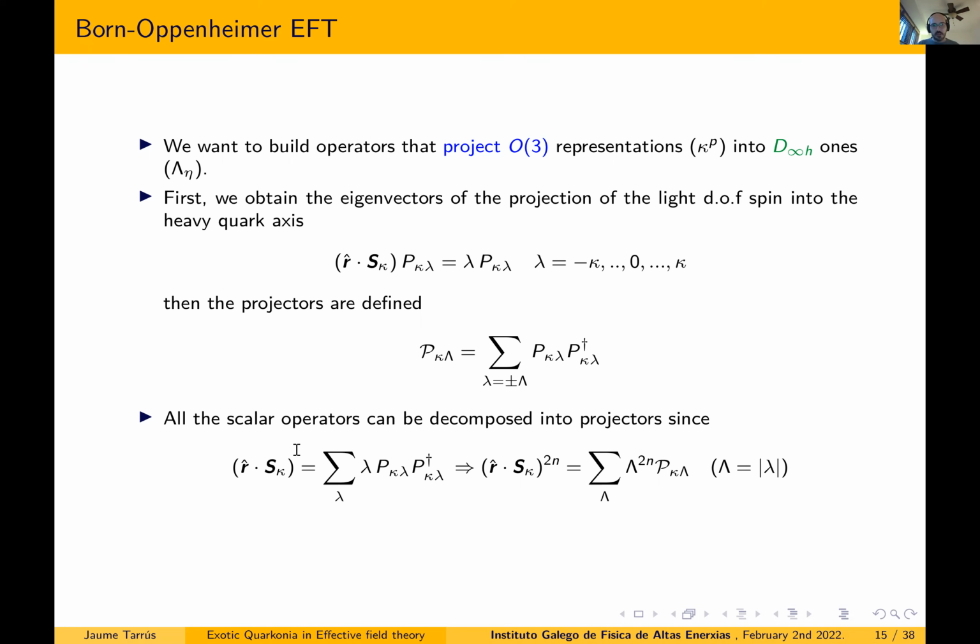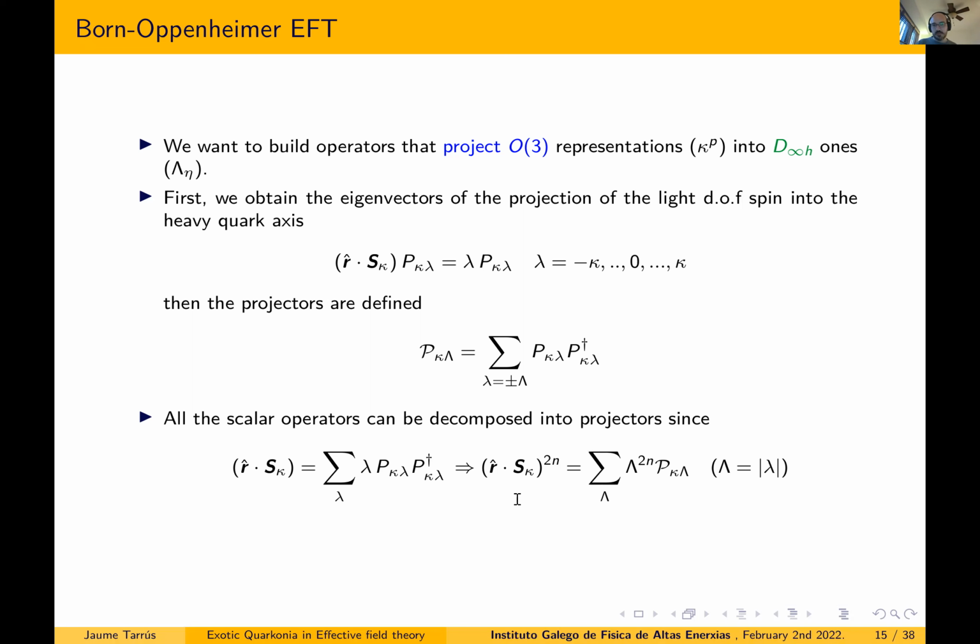Of course, you want to build a scalar operator out of the spin matrices, but we know that the square of the spin matrix is just identity, so this is not a problem. But you can also build another scalar operator, which is the even powers of r dot s. These are all scalar operators. So you could multiply any operator you can think of by one of these powers, and you would get another operator which would be valid for your Hamiltonian at any order. So it seems that you might have an infinite number of operators that you can build like this.